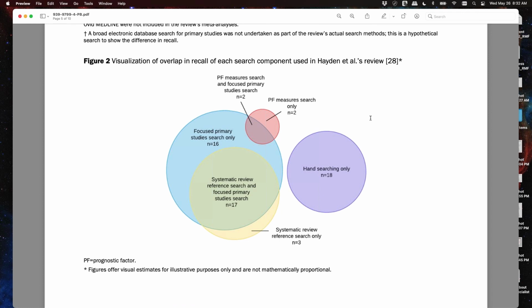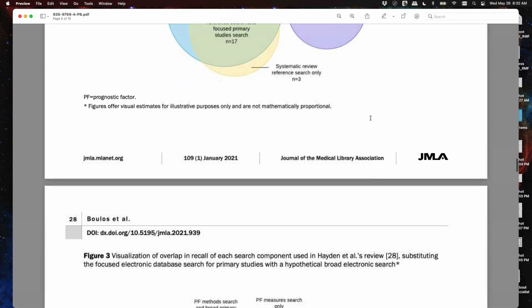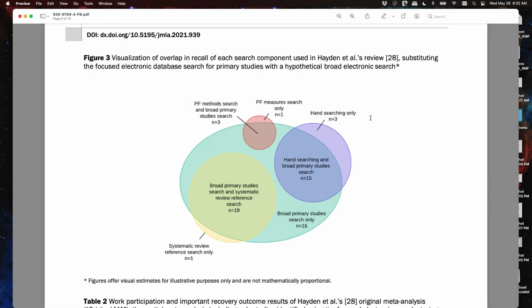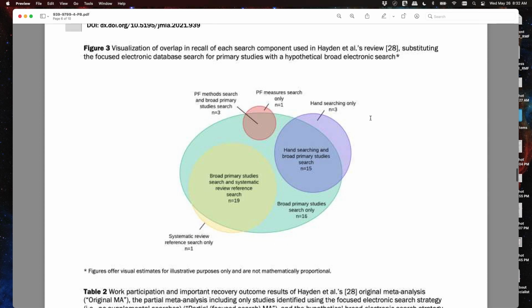And if you move to figure 3, this figure, in addition to figure 2, also depicts the broad search, which identified 53 of the 58 studies. Please note that they say here that the figures are not mathematically proportional.